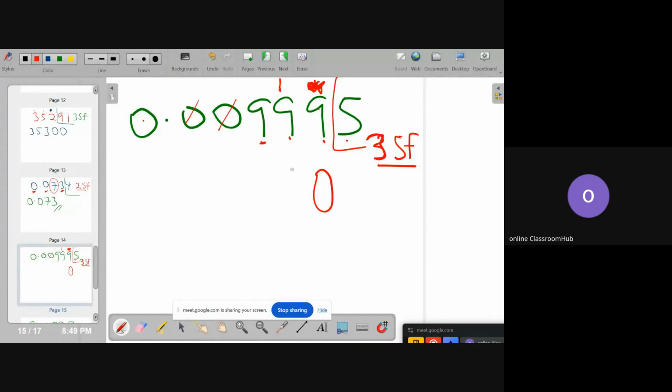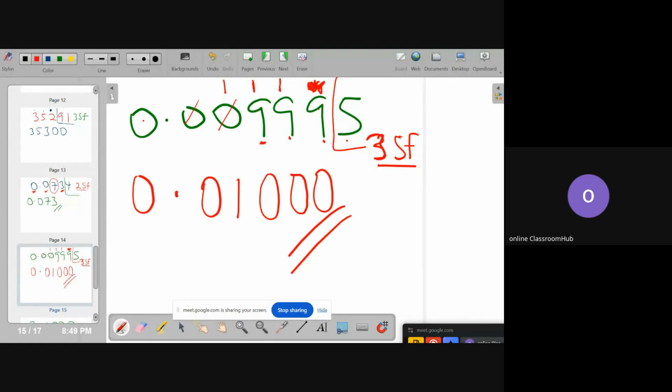Here becomes also 10, write 0, carry 1, add it to this, here it becomes 10. Carry 1, add to the next one. So here becomes 1, then your 0 is here, then 0.0. So this is our final answer for 3 SF in this question.